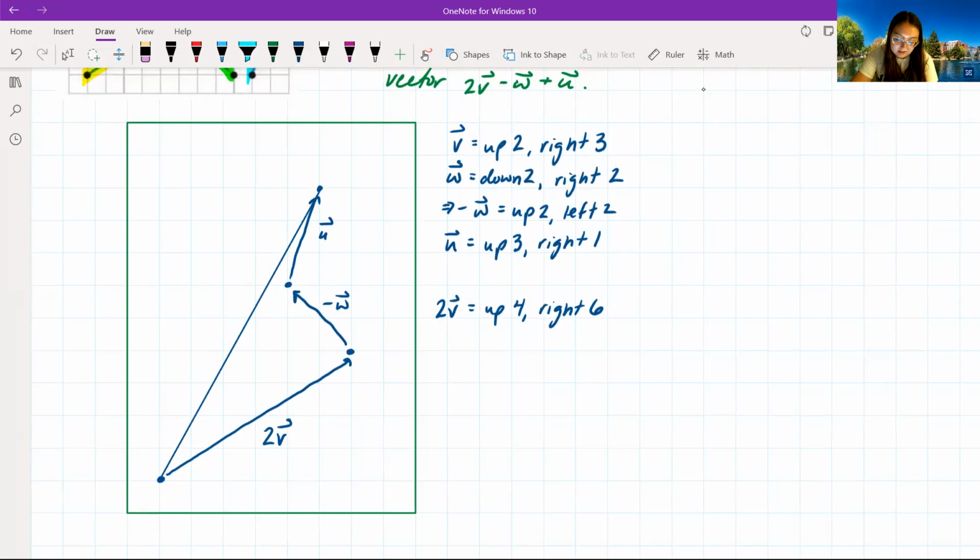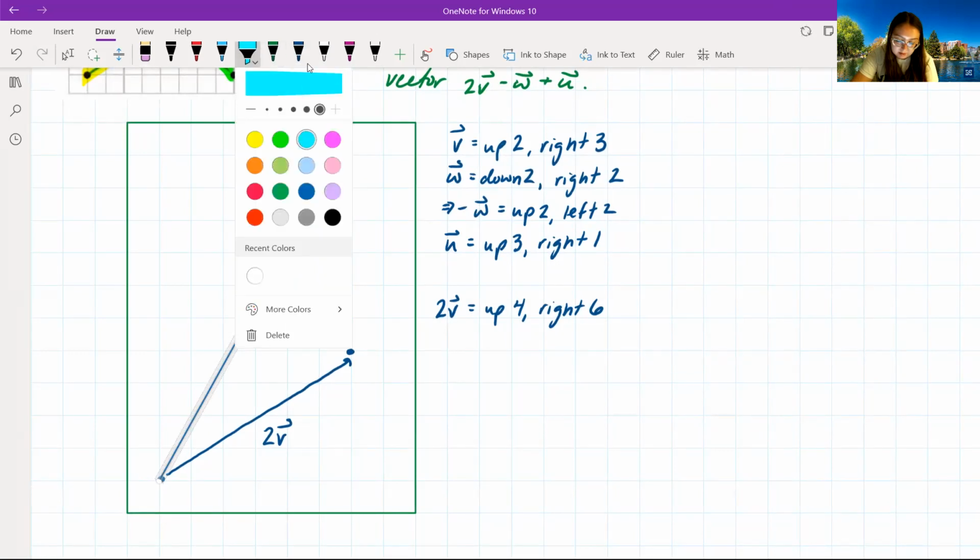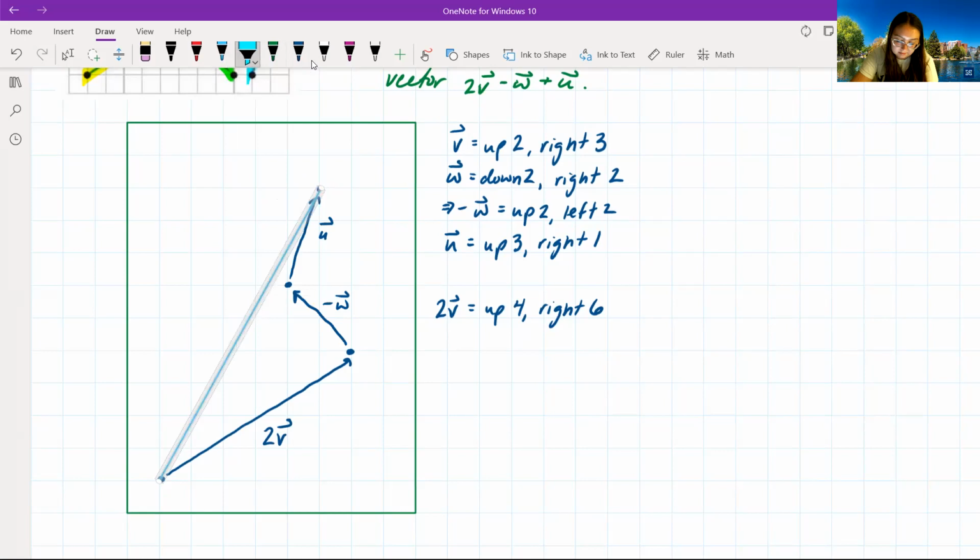So now this line here, which I'm going to change to a better color so it is more obvious to see, would be our vector 2v minus w plus u.